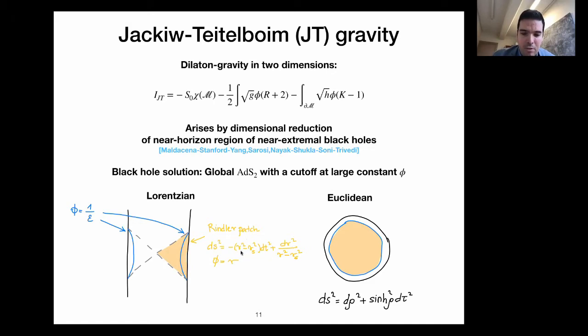You have these Schwarzschild-like coordinates covering this Rindler patch of AdS, and this is how a constant dilaton surface looks. Because the boundary lives here, the holographic dual system lives here. This is a black hole because you cannot send signals between the two sides. So in Euclidean, this is just the 2D version of the cigar geometry, the usual Euclidean black hole, where the cutoff surface is now at a constant radius on this hyperbolic disk.